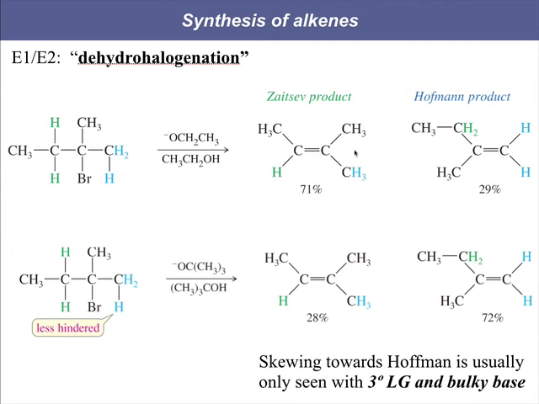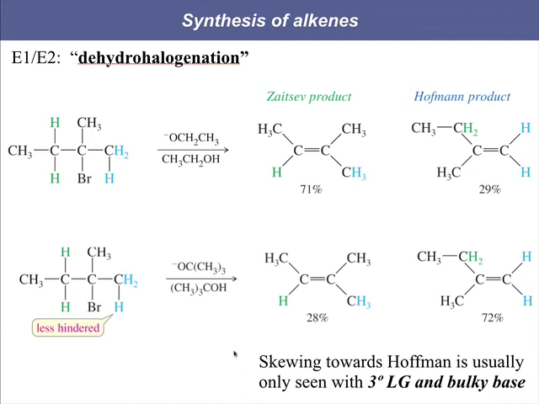So tri-substituted versus di-substituted. Zaitsev is the more substituted, so it's going to be the more favored product. This is formed in about 70%, about 70-30, Zaitsev to Hofmann. Remember, we call this Hofmann because there's another reaction that actually gets you the Hofmann as the major product. We call that Hofmann elimination. It involves amines, and so we're going to talk about it in chapter 19 in the second half of this course.